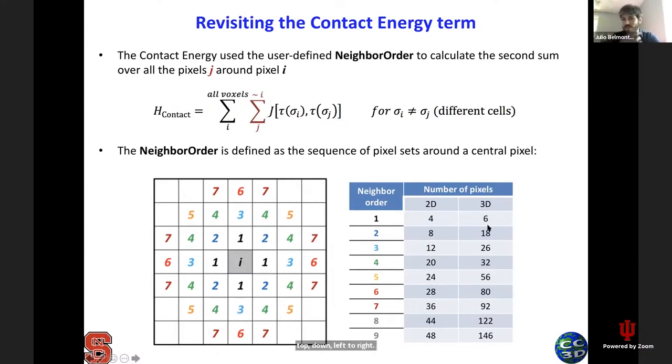So you're looking at 6 pixels instead of 4, and the number of voxels scales. When you set it, it's not really the distance, it's more like the next set of pixels that have the same distance to the center one. Basically, that's it.